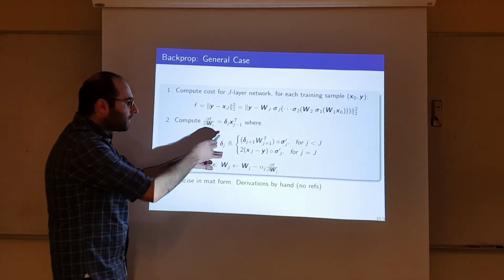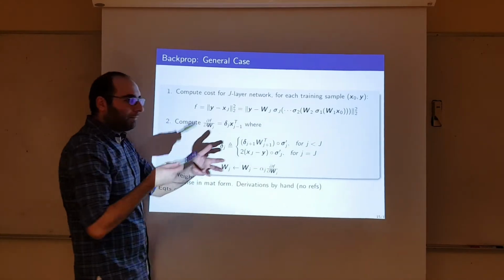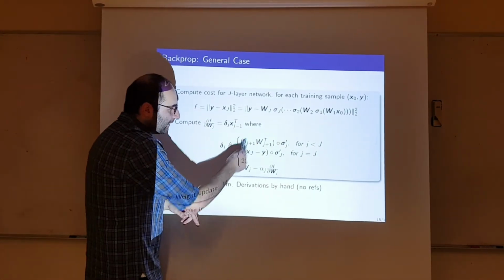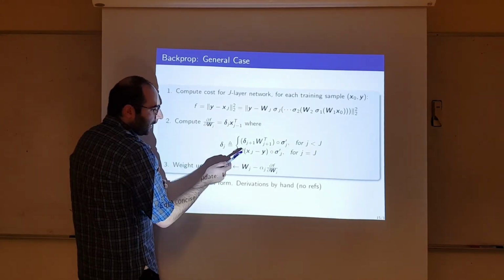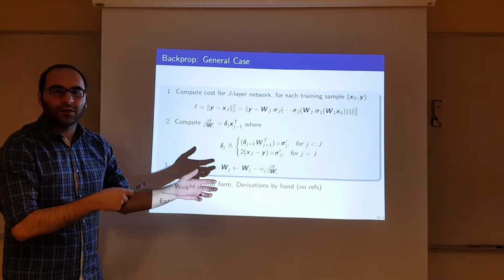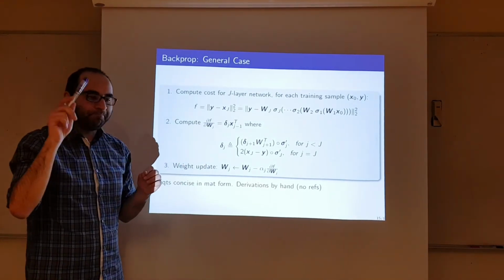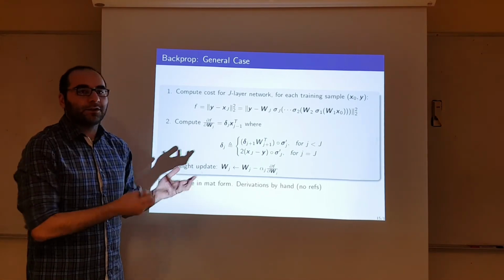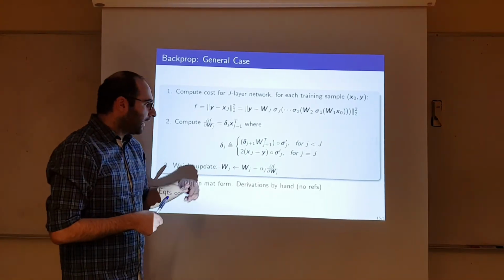Delta j also has a recurring pattern: it depends on wj plus 1, the filters in the next layer, and sigma j prime, which depends only on the choice of the activation functions. So there is a repeating structure, which is nice.